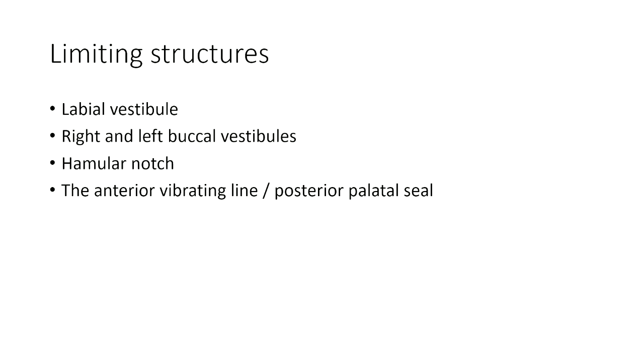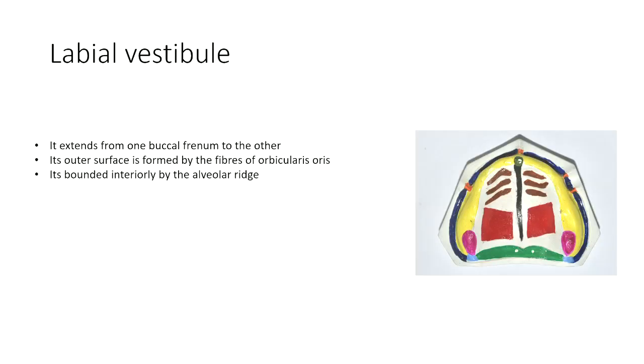Now, the limiting structures in the maxillae are the labial vestibule, the right and left buccal vestibules, the hamular notch, and the anterior and the posterior vibrating lines. The labial vestibule extends from one buccal frenum to the other. In the image, we can see four orange colored dots in the sulcus.